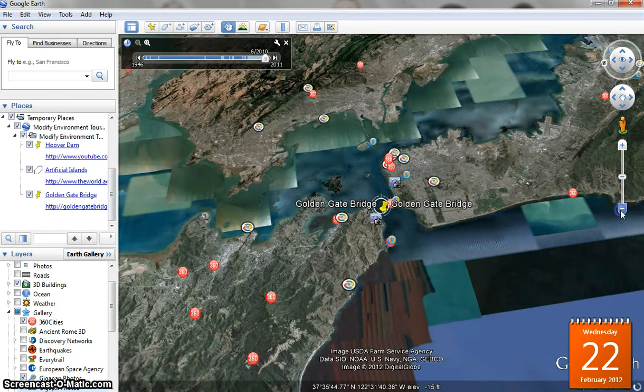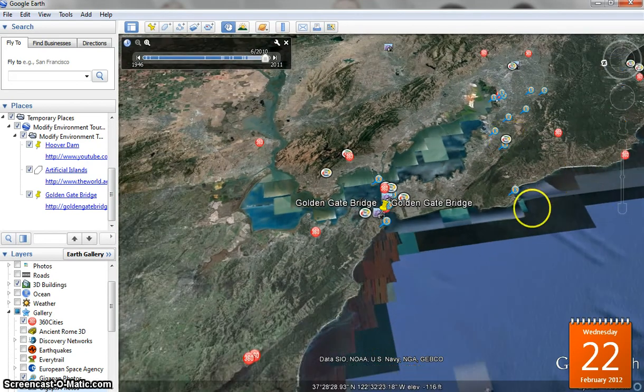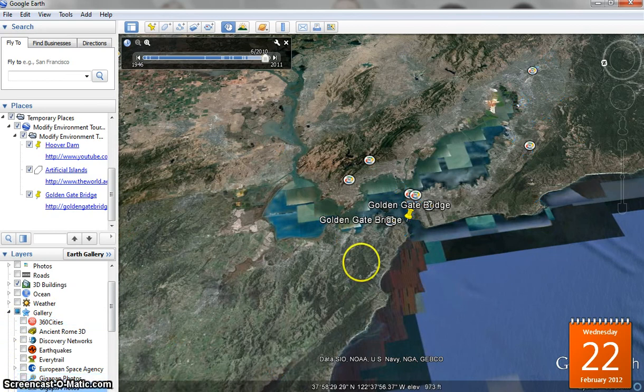Alright, so as we zoom out here, you can see that there are these two peninsula type things that almost touch each other, and that's where the Golden Gate Bridge is. Here, let's turn off some of these icons so we can get a better peek at it. Alright, so they almost touch each other, and the Golden Gate Bridge is right down here where this yellow place marker is.